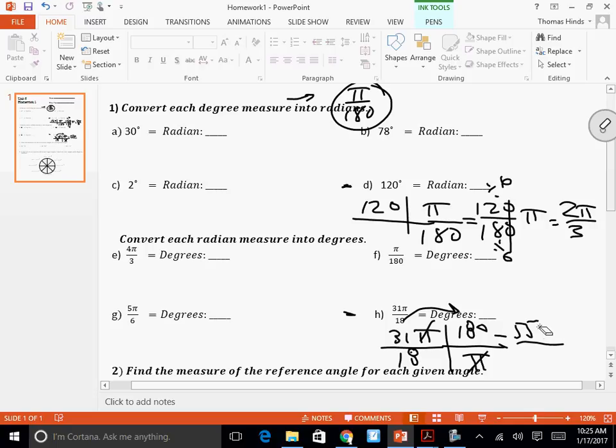Multiply the top, divide by the bottom. 5580 divided by 18 came out to 310. Take a look, see if you want to check it.